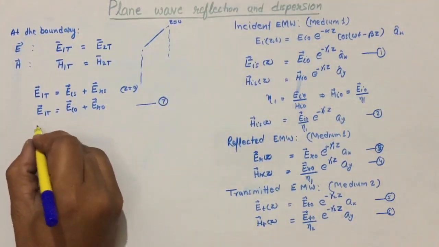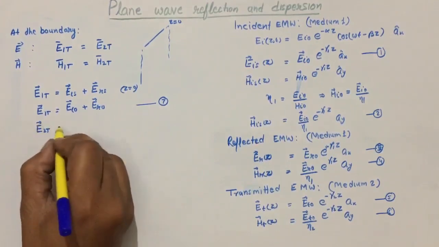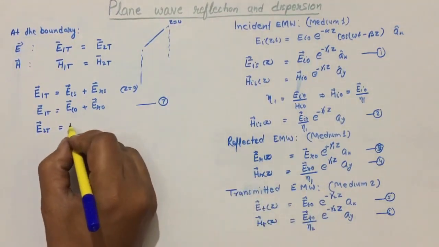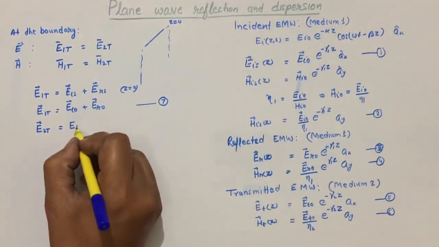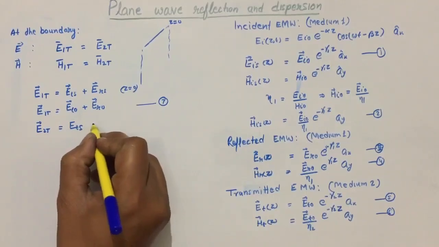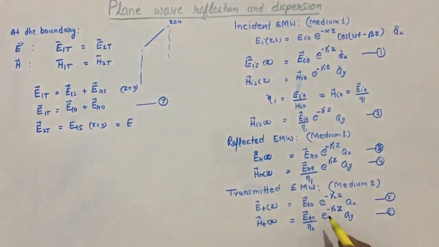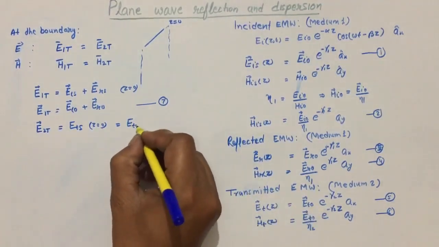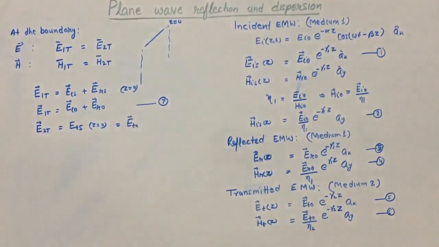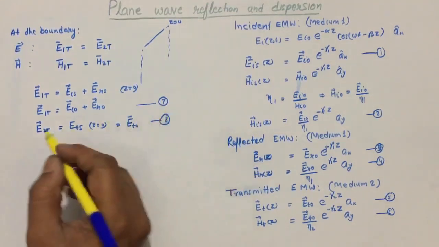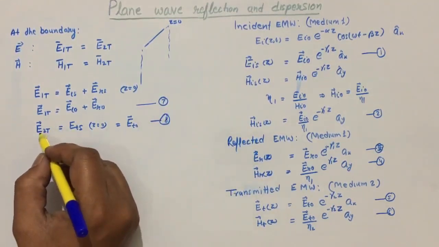Similarly, E2t can be written as, from here, for the transmitted wave, E_t, and when z is equal to 0, it will be E transmitted naught. Okay, so in this way we have E1t and E2t.